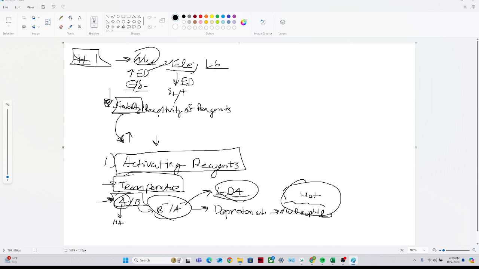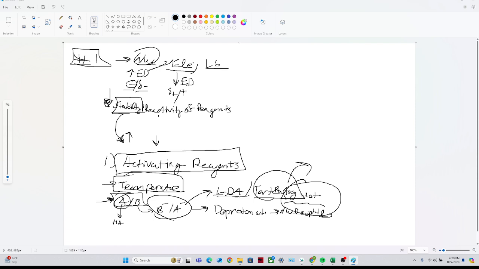So for that reason, you could use something like LDA. You can also use tert-butoxide, another common, sorry, not nucleophile, a good base. These tert-butoxides, again, are very sterically hindered, non-nucleophilic, fantastic bases to make a hot nucleophile.